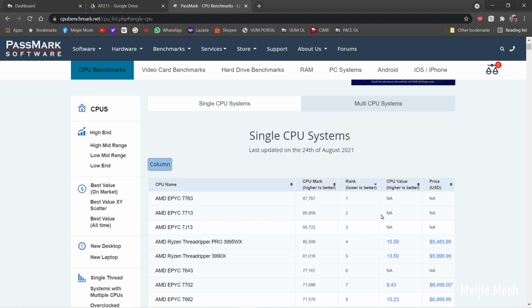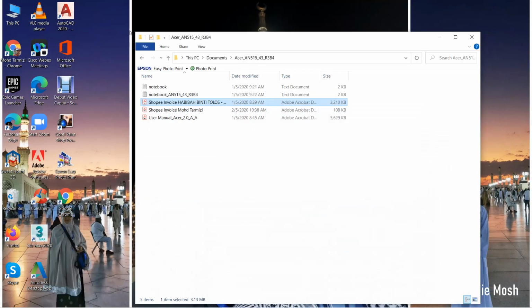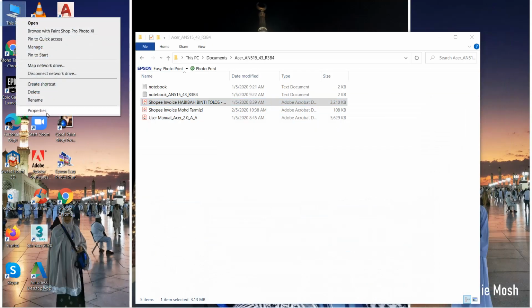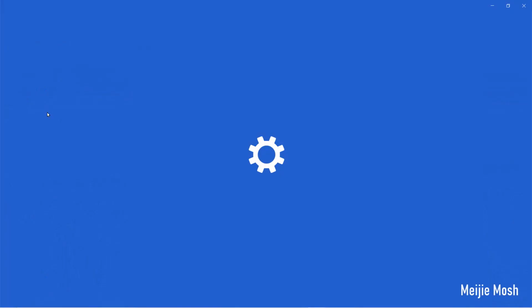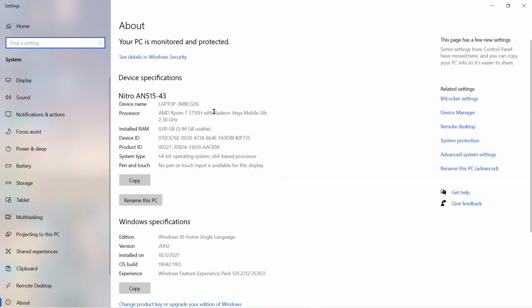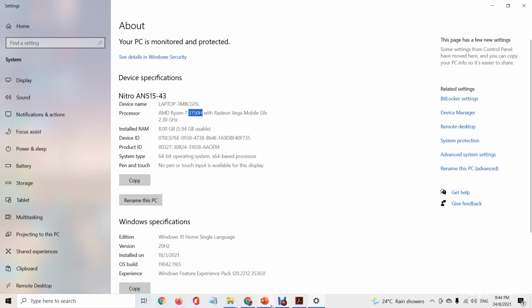That was more than a year ago, one year four months. If we take a look at today's rank, my computer is using the AMD Ryzen 7 3750H processor, with 8 gig of RAM.